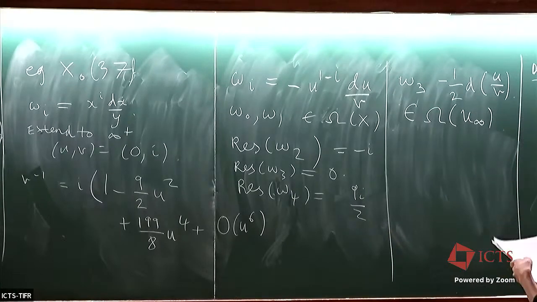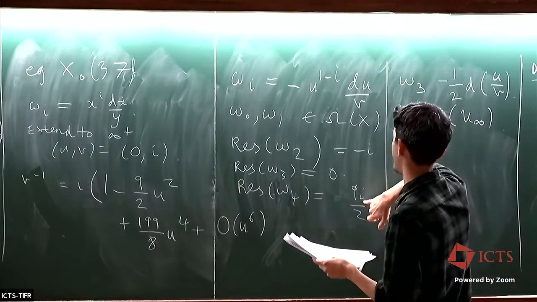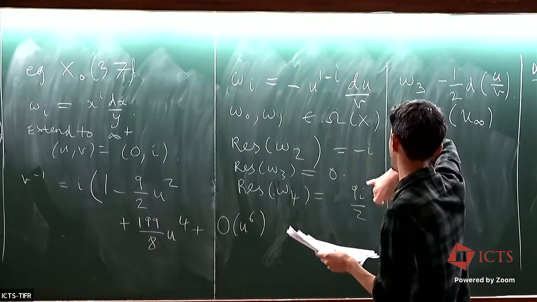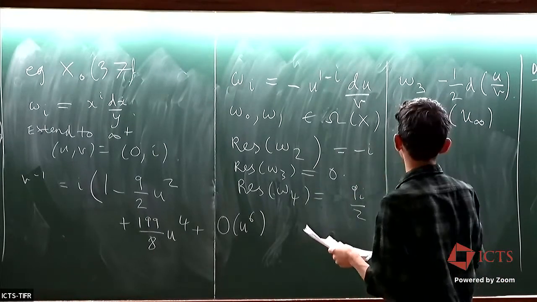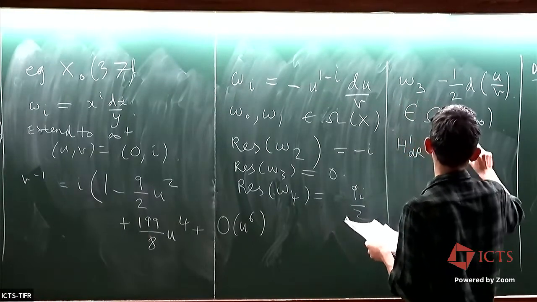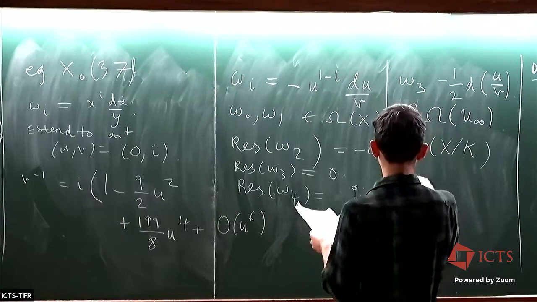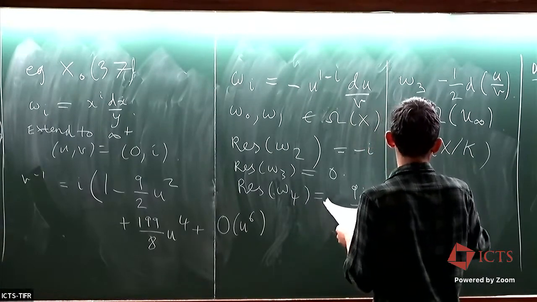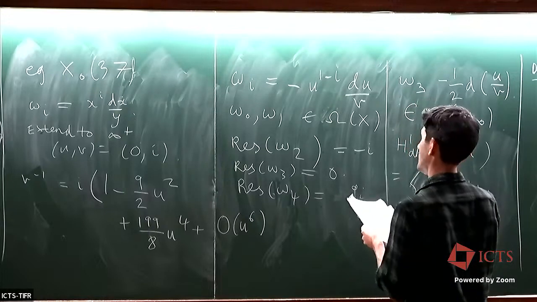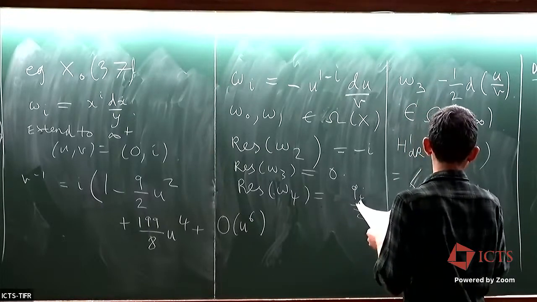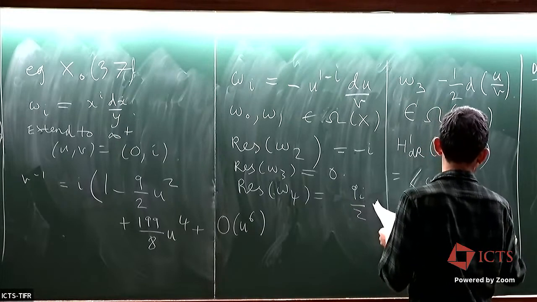And then you can do something similar for the other ones. You can't do it for these ones, but you can do it for this plus 9 over 2 this. So for example, in this case, we see a basis of H1 dR of X_K given by omega 0, omega 1, 9 omega 2 plus 2 omega 4, and omega 3.